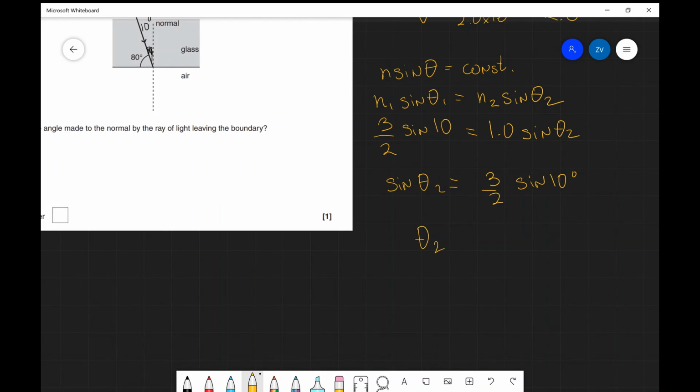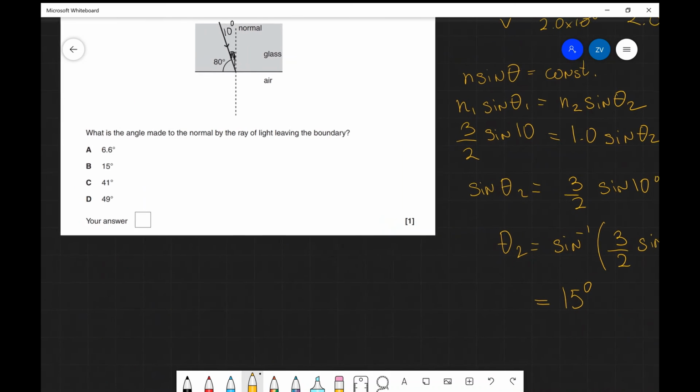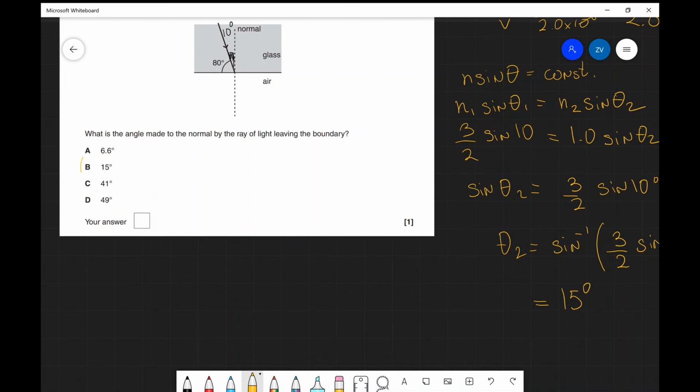So theta 2 is going to be the inverse sine of 3 over 2 sine of 10 degrees. And if we put that into our scientific calculator, we get about 15.01, which to the significant figures in the question is just 15 degrees. So this is B, the correct answer.